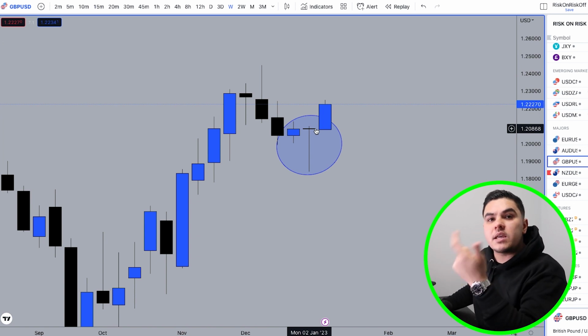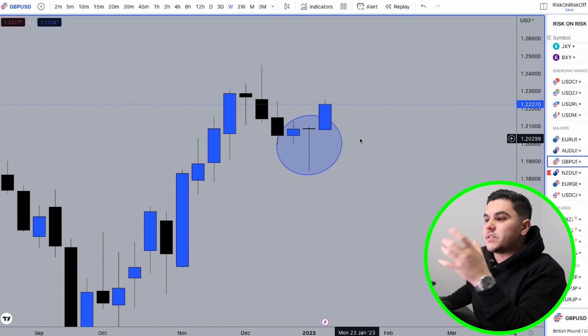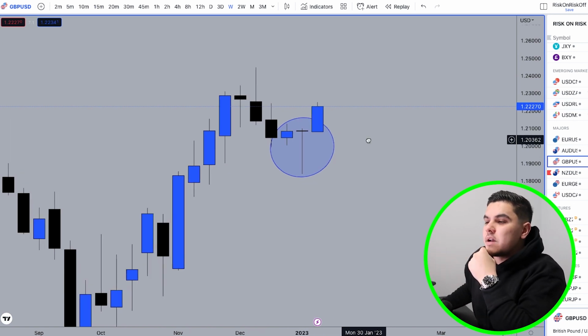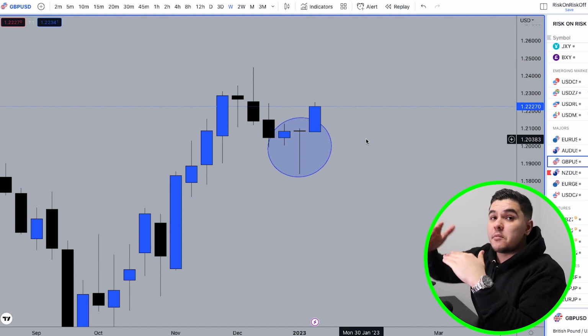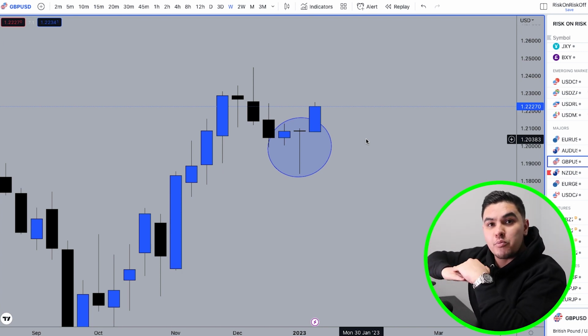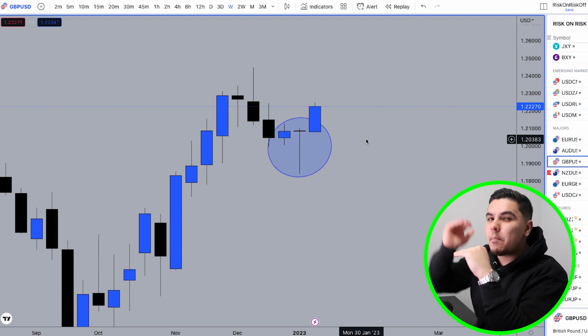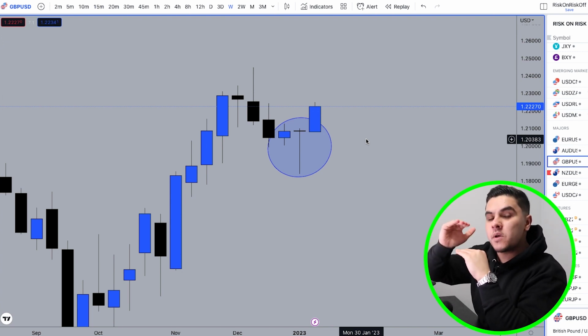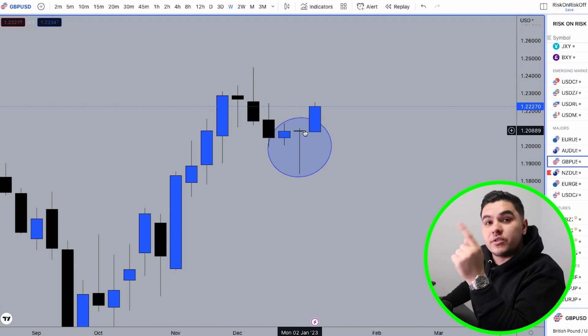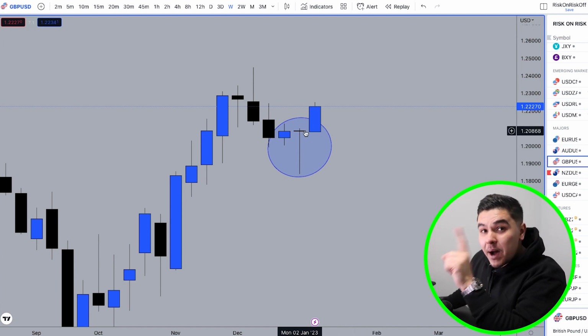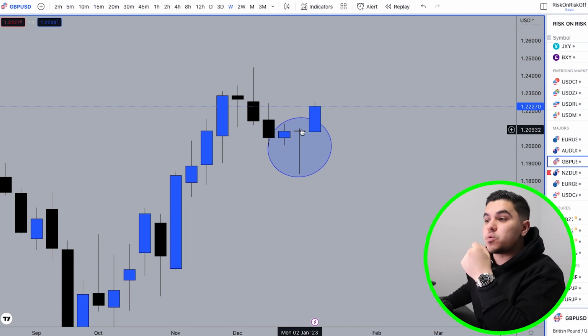But what really is a key takeaway from understanding dojis for me, and how I use this still to this day on a weekly time frame, is knowing that throughout that whole trading week, the market was at this low price, but it's had all that buying pressure to keep pushing up to the point of where it is right now.